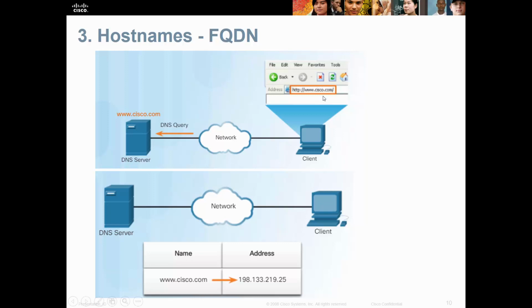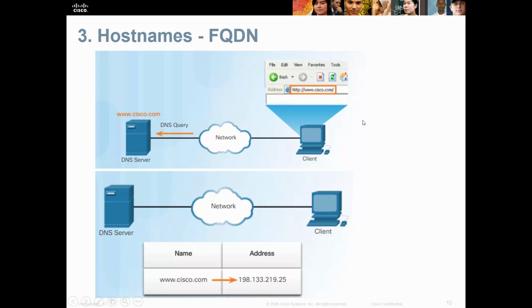So the www that we're trying to reach in this example is part of a network called Cisco, which is part of a domain called com. So you enter the fully qualified domain name www.cisco.com to reach this device that you want to talk to on the internet from your PC.